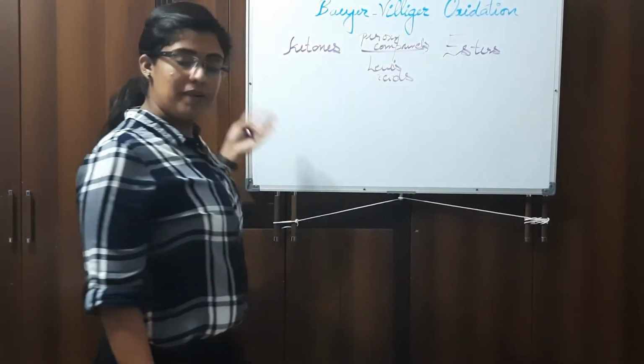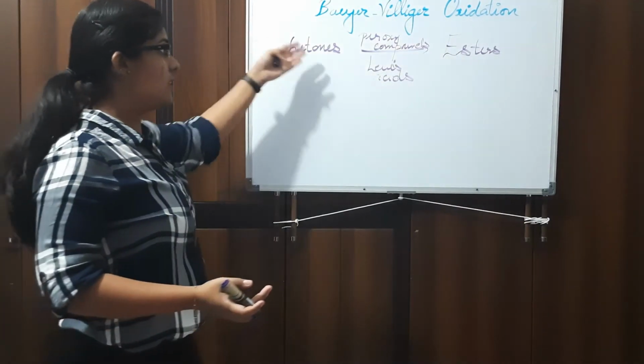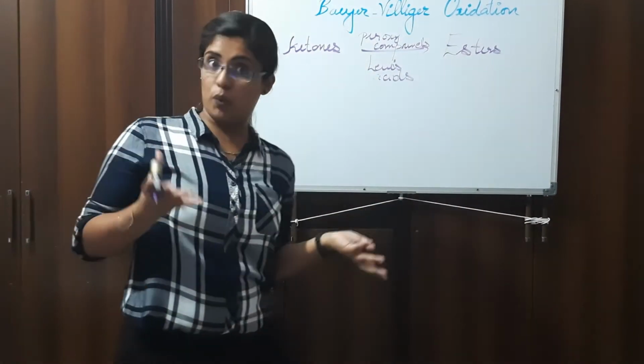This is the simple Baeyer Villiger oxidation, where ketones react with peroxy compounds in presence of Lewis acids to give rise to esters.